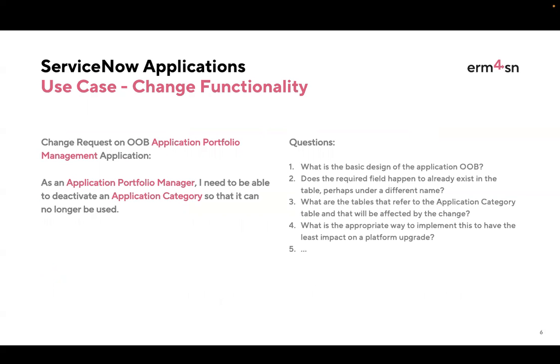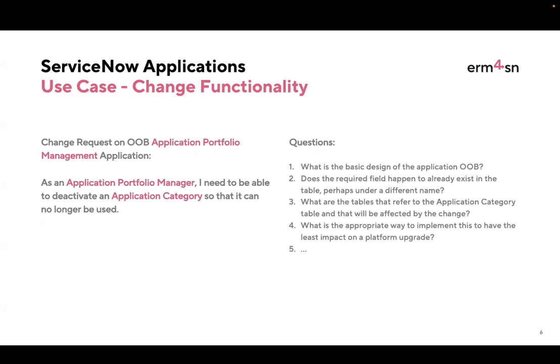And the portfolio manager wants to deactivate an application category so it cannot be used anymore. So obviously there's a category table which is used somewhere else, and the requirement would be introduce a flag that I can set this active true false.